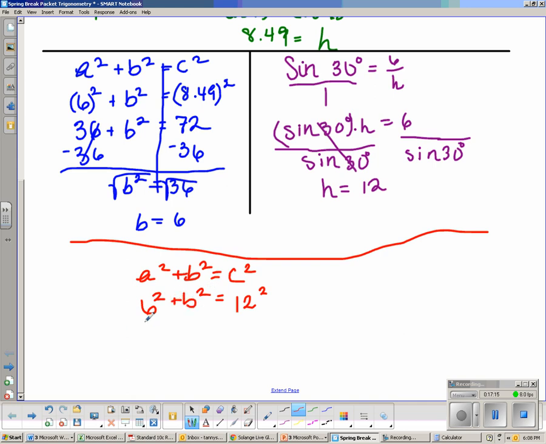And now we're going to go ahead and simplify. Let me draw my line down, respect my equation. 6 squared is 36 plus b squared equal to 144. When I subtract 36 on both sides, I end up with b squared equal to, I believe it's going to be 108.